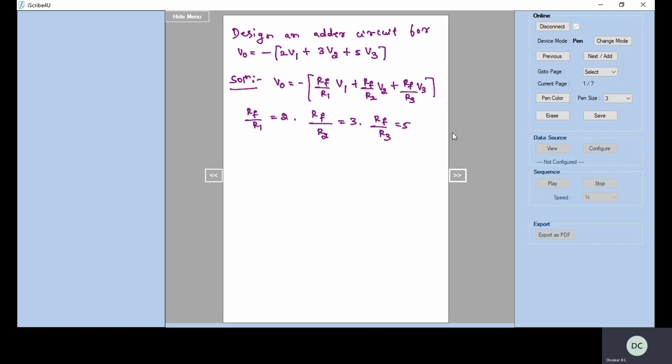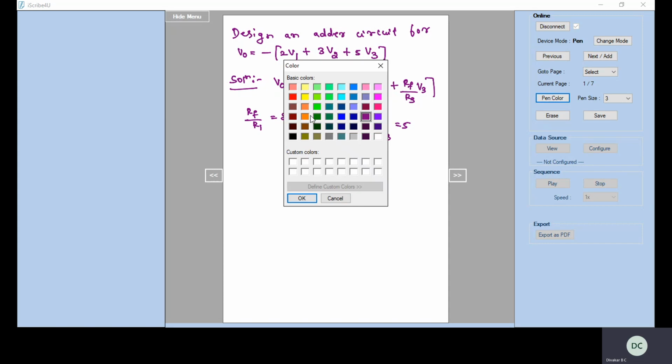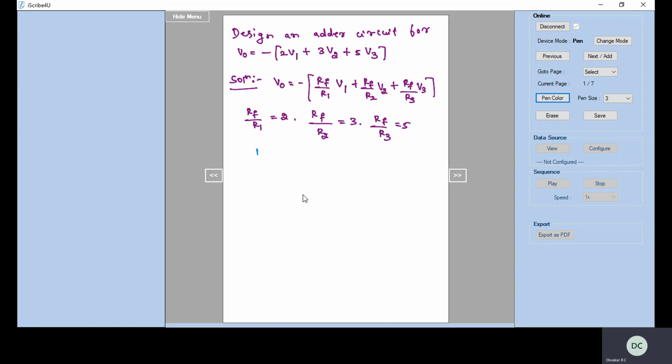Since both R1 and Rf are unknown, it is not possible to determine the values. So therefore, we are going to assume the value of the feedback resistance. Let us assume Rf is equal to 100 kilo ohms. Therefore, R1 is equal to Rf by 2, R2 is equal to Rf by 3, and R3 is equal to Rf by 5.